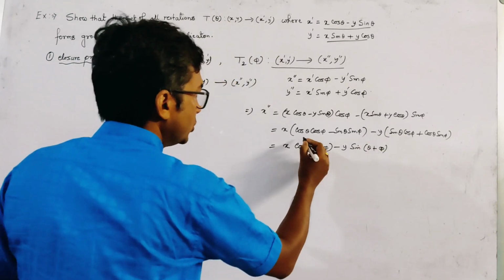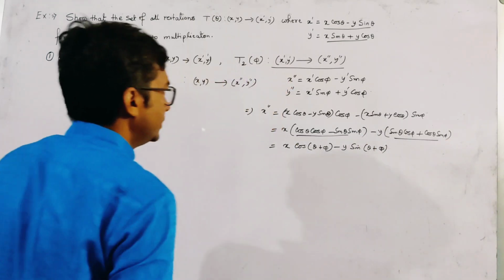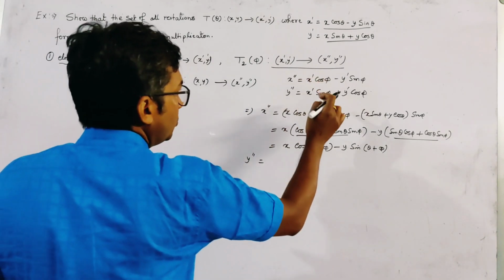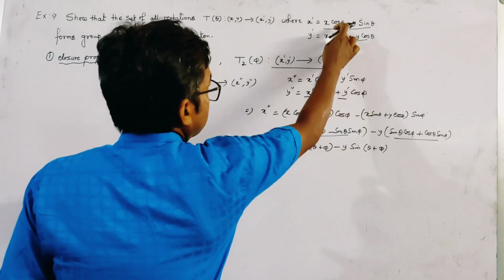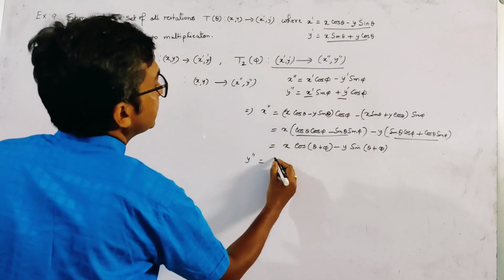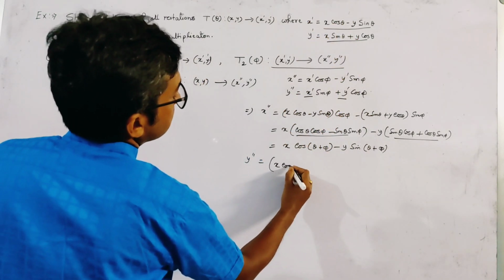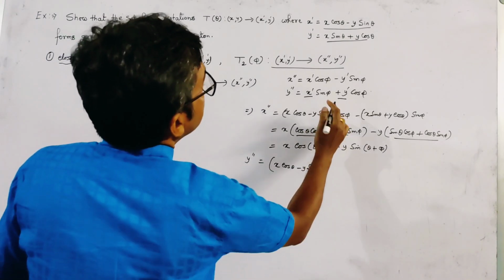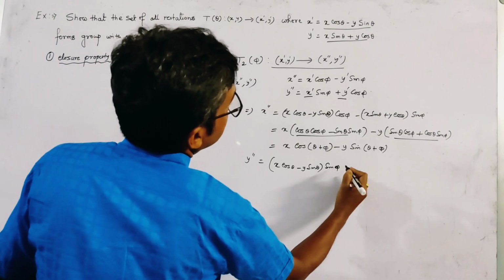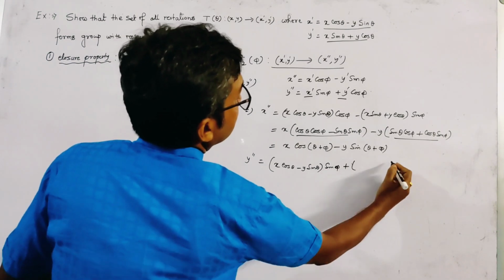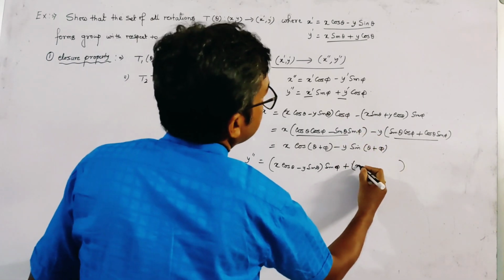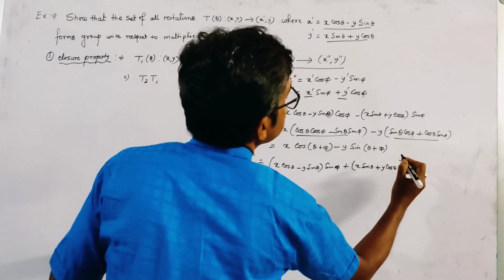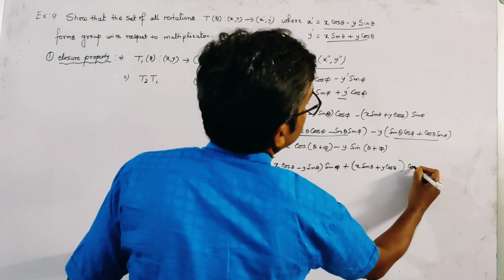We use the two formulas of this and this. Also y'' is given by putting the value of x' and y' from these: y'' = (x cos theta - y sin theta) sin phi + (x sin theta + y cos theta) cos phi.